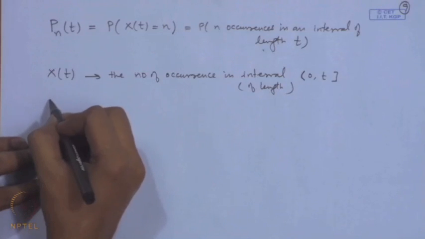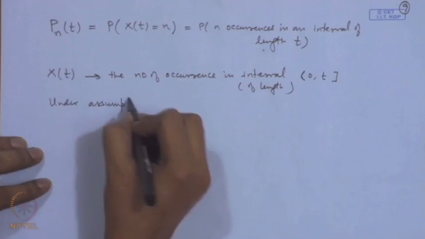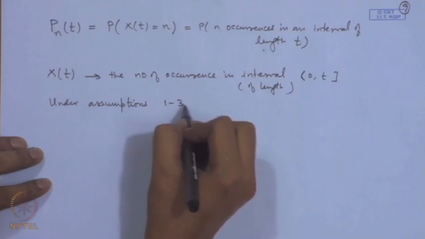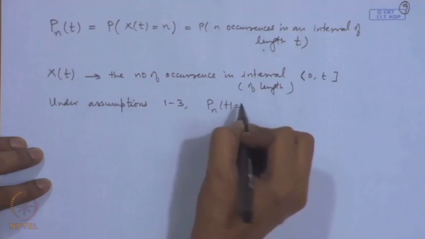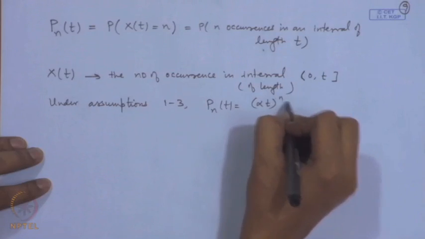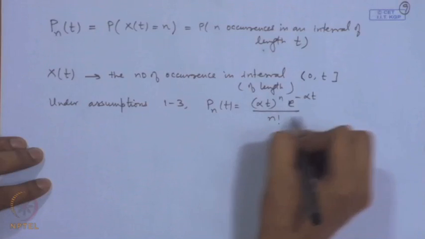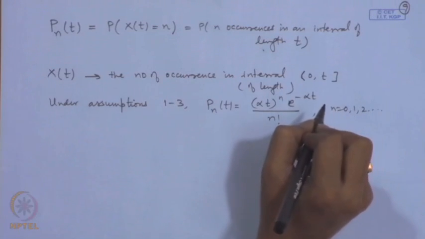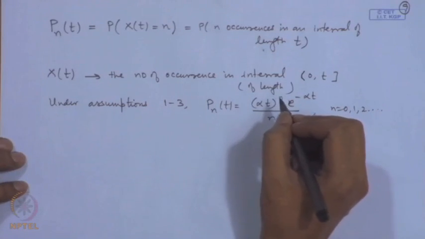So, under assumptions 1, 2, 3, p n t is equal to (alpha t) to the power n e to the power minus alpha t by n factorial, n is equal to 0, 1, 2, and so on. That is the number of occurrences in a Poisson process.